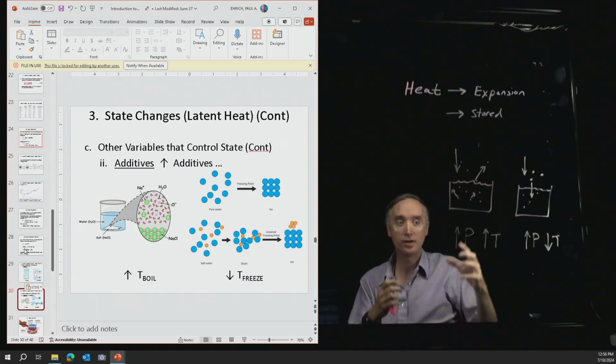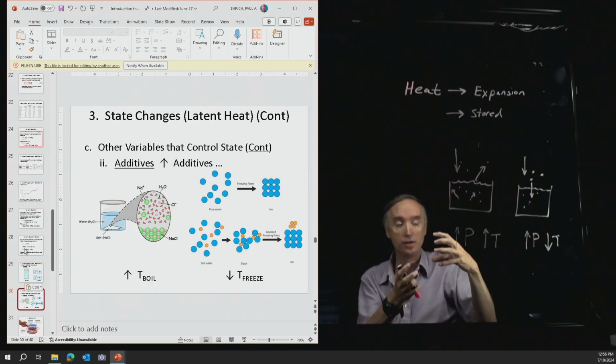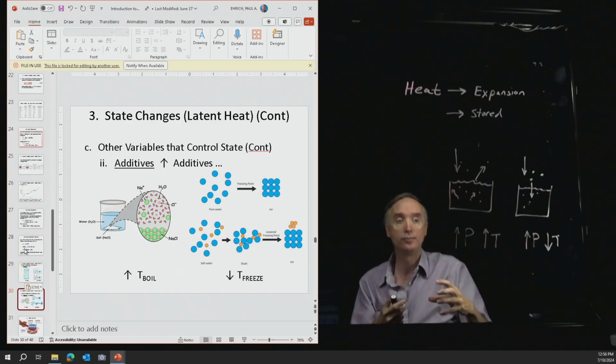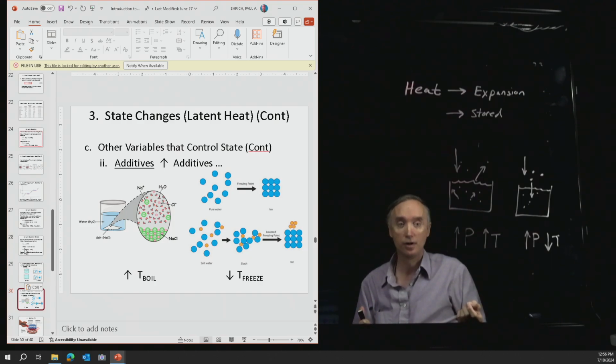Well, if they're attached to the chlorines and the sodiums, then it's going to be harder for those water molecules to break free. So what does that mean?